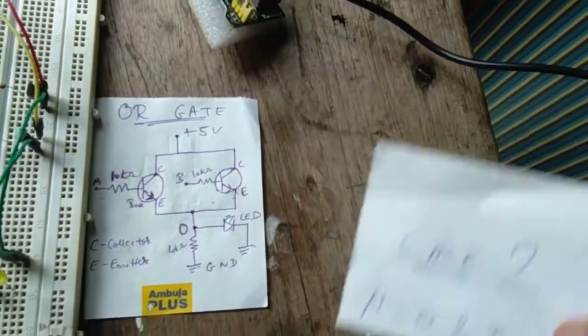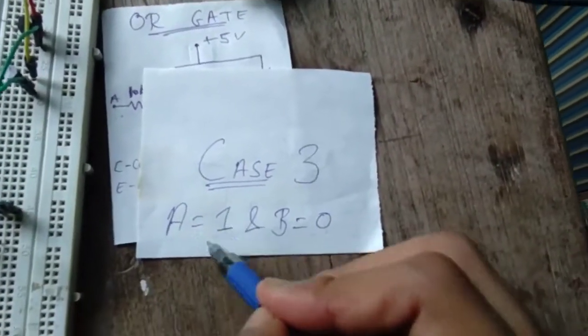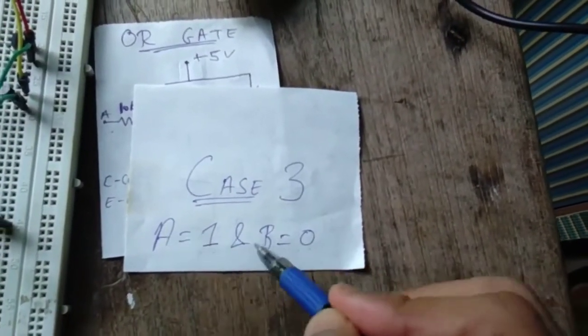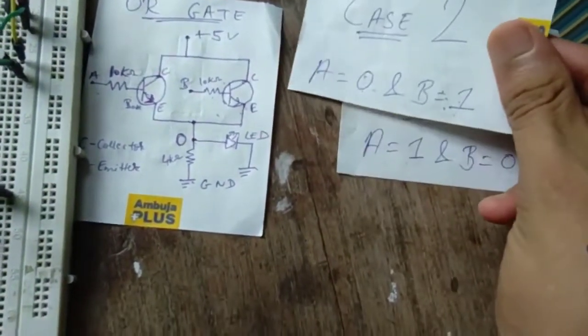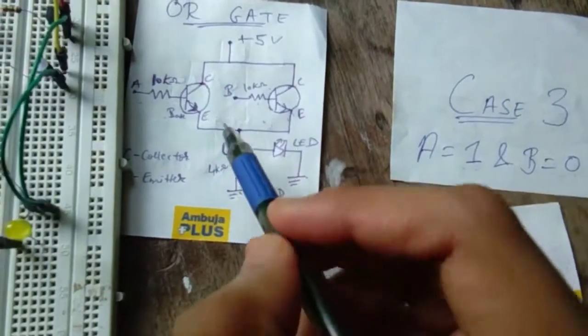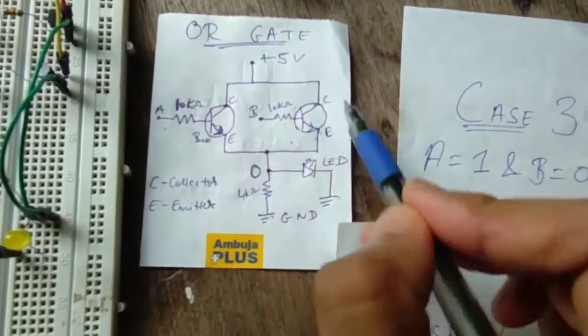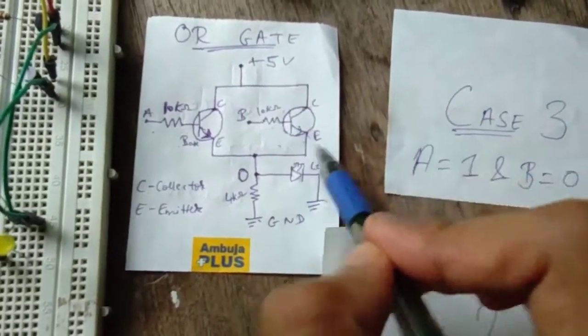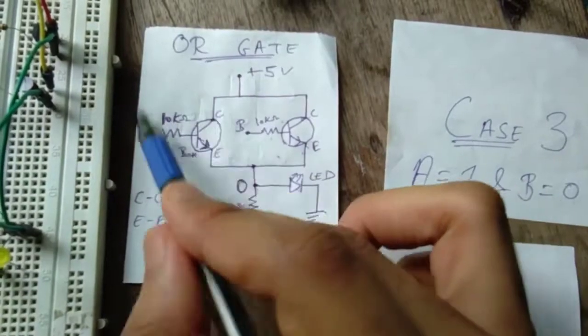Now this is very similar to the third case, which has input A is 1 and input B is 0. This is just the inverse of the previous case. Here input A is 1 and input B is 0. So this part won't be acting as a connection for this circuit, and this is the only part that we have to consider.